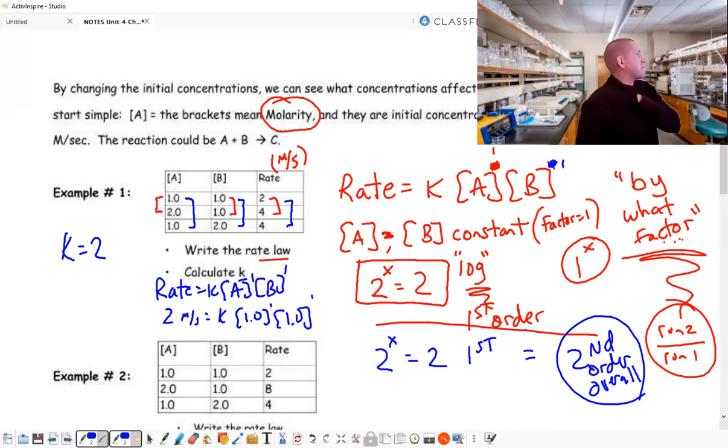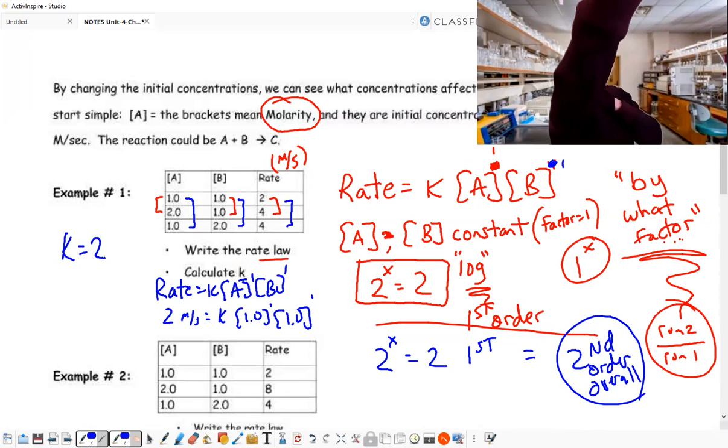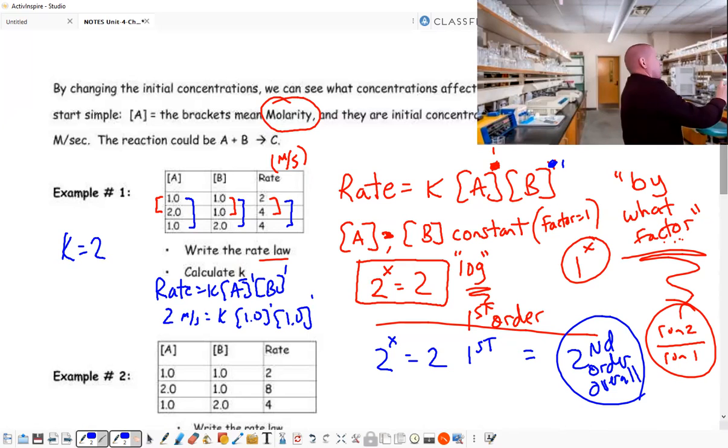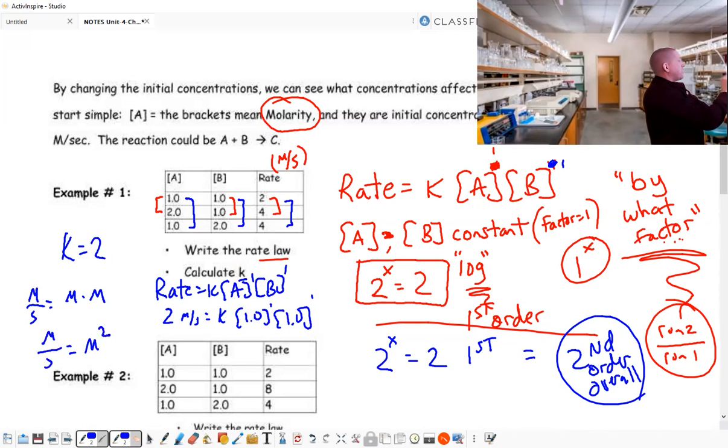Now, what are the units? Scroll up, give myself a little space. Actually, I'll just do it over here. All right, so the units. We have the rate, which is molarity per second. And then we have k, which is what we're trying to find. And then it's molarity times molarity. So you get molarity per second equals k times molarity squared. Divide both sides by molarity squared.